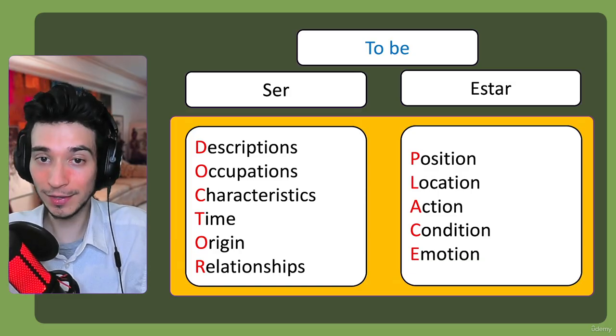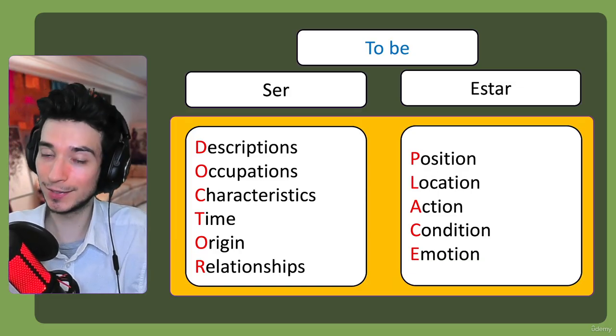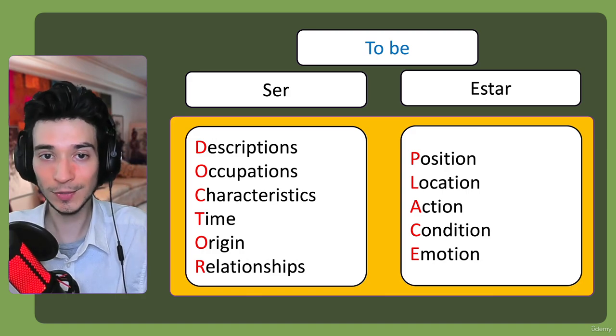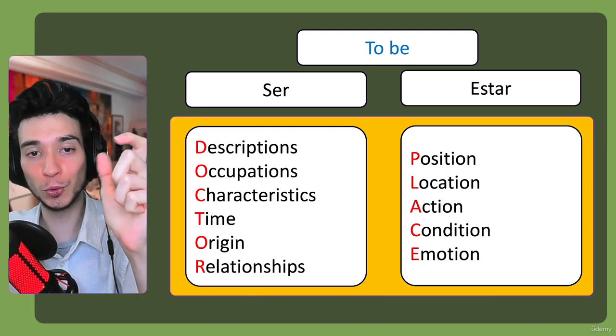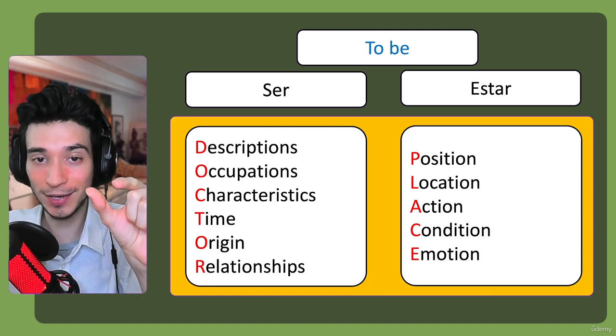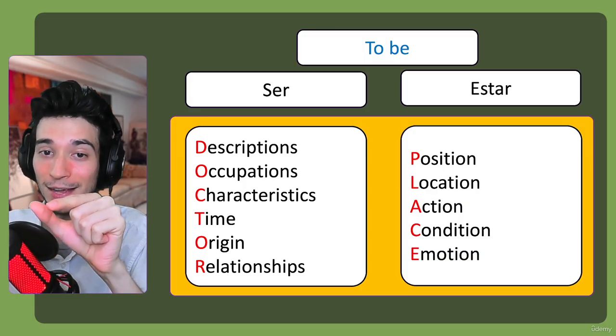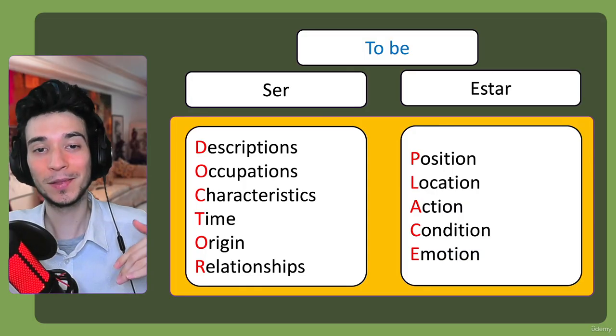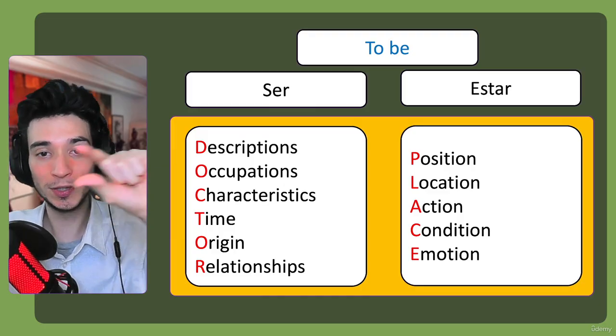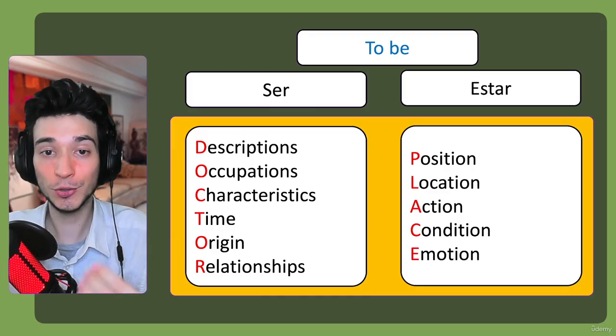The easiest way to remember how to use ser and estar is by following these rules. For ser the word is "doctor," and for estar, "place." Doctor starts with D, such as descriptions.